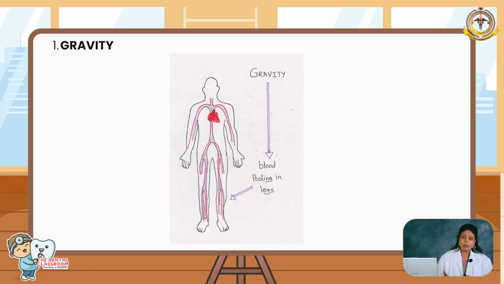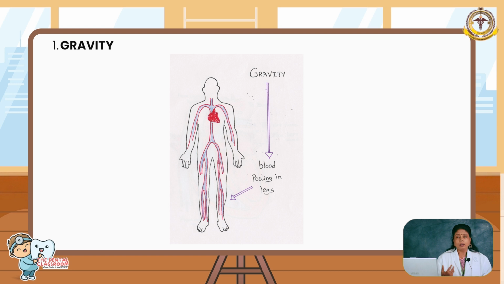Next is the gravity. When you stand in a place for longer time, because of the gravitational force, blood will be pulled to the lower limb, so venous return to the heart decreases, ultimately cardiac output also will decrease. That is a reason for fainting when you stand for longer time. Next, the force of pump.